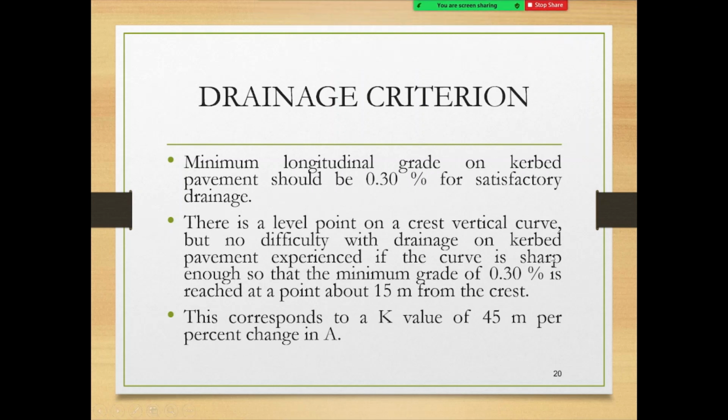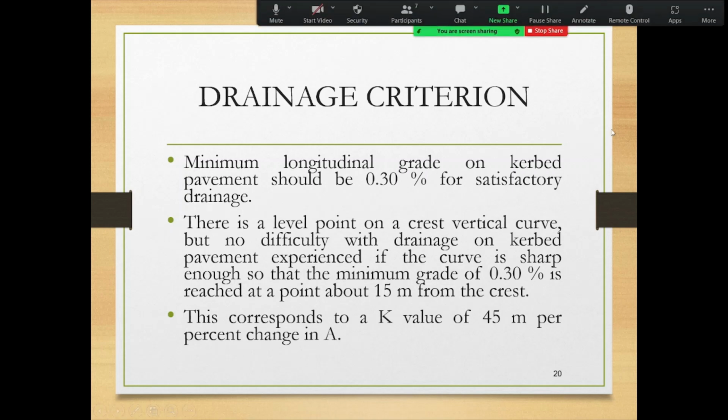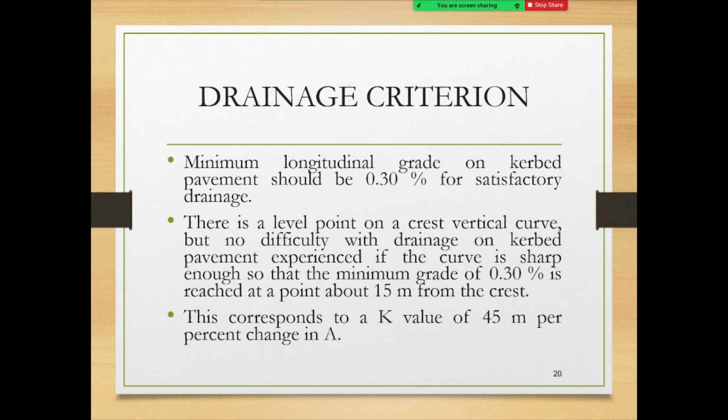Then there will be aquaplaning. What do we mean by aquaplaning? There will be water accumulation, and once the vehicle goes over that, there will be water splashing, and the vehicle will not be able to brake, right?